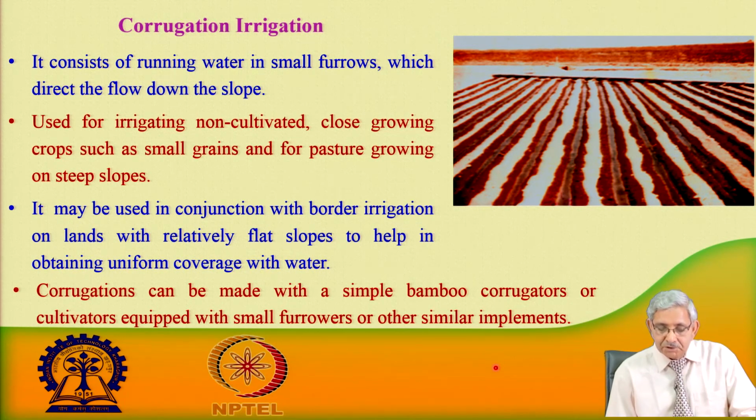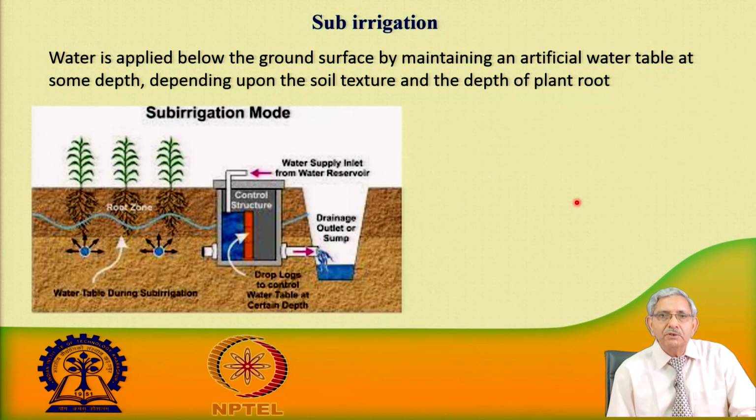It may be used in conjunction with border irrigation on land with relatively flat slopes to help in obtaining uniform coverage with water. Corrugations can be made by using simple bamboo corrugators or cultivators equipped with small furrowers or similar implements. These small furrows, known as corrugated furrows, are for pasture, grass or small grain crops.